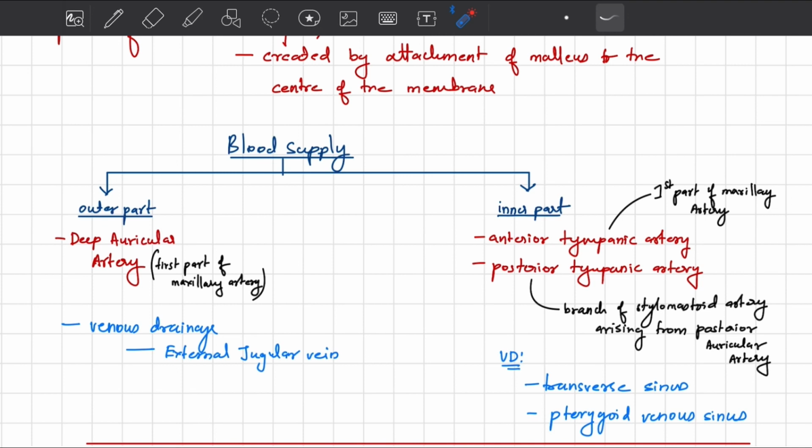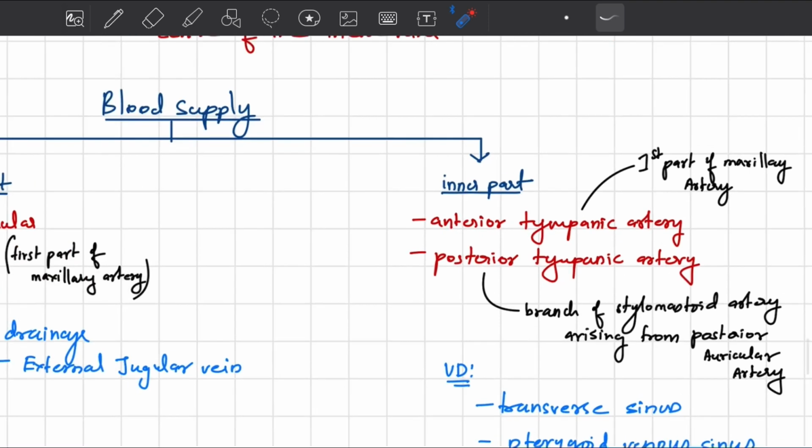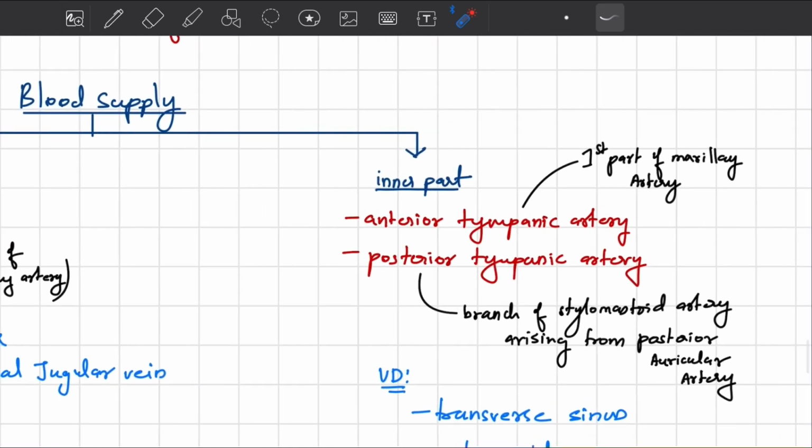Coming to the blood supply, the membrane is divided into an outer part and an inner part. The outer part is supplied by the deep auricular artery, which is a branch of the first part of the maxillary artery. The inner part is supplied by two arteries, the anterior tympanic artery and the posterior tympanic artery.